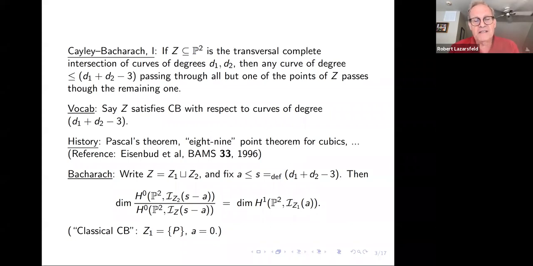And that means that the left-hand side is 0. So that's telling us that any curve of degree s that passes through all but Z1, which is all the points of Z other than p, must in fact also pass through p. So this is the Bacharach generalization of the classical Cayley-Bacharach theorem.